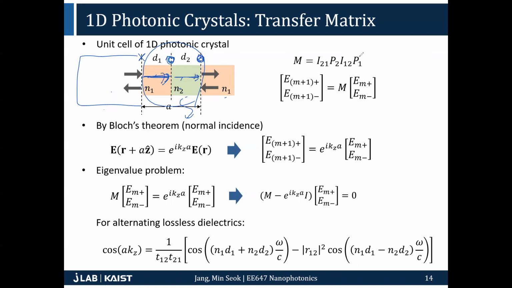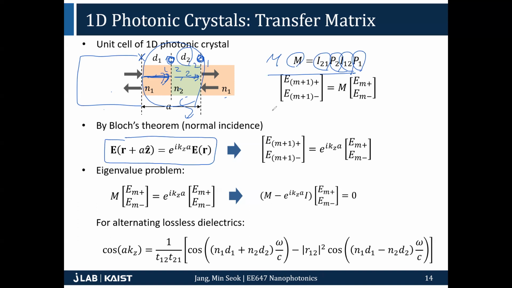So propagation in P1, interface of 1, 2, propagation in medium 2, interface of 2, 1, right? And that gives you the transfer matrix of our one unit. So we can easily do this. And then what we can do is apply Bloch's theorem, right?